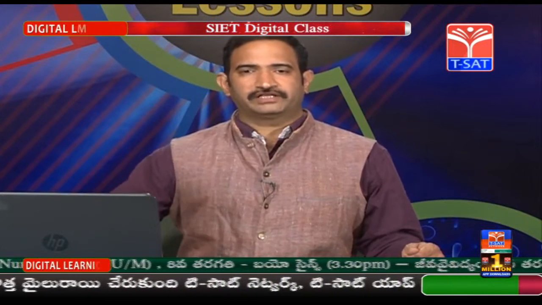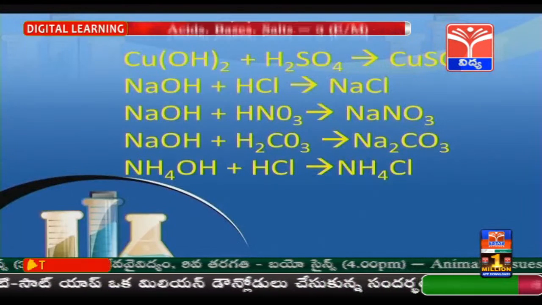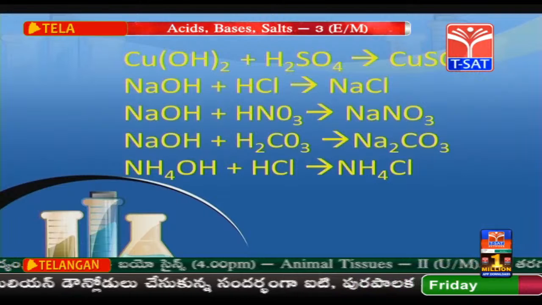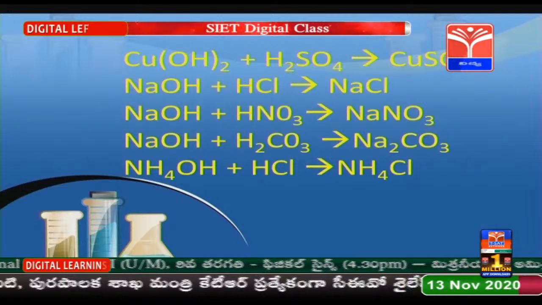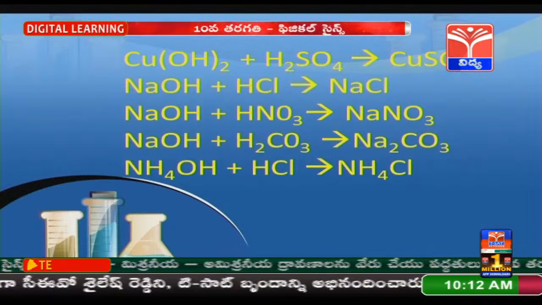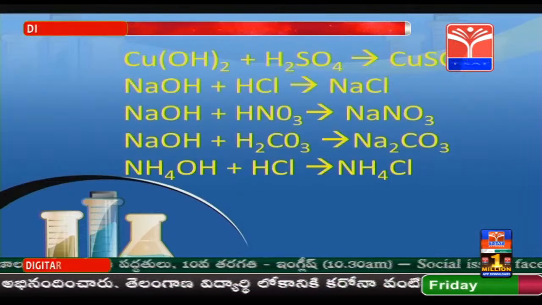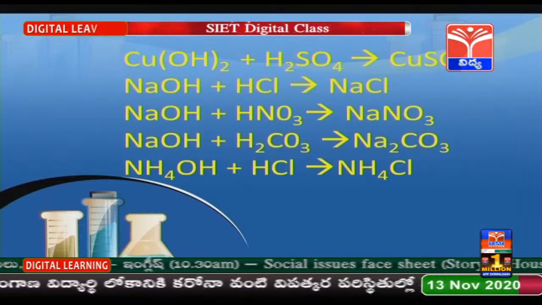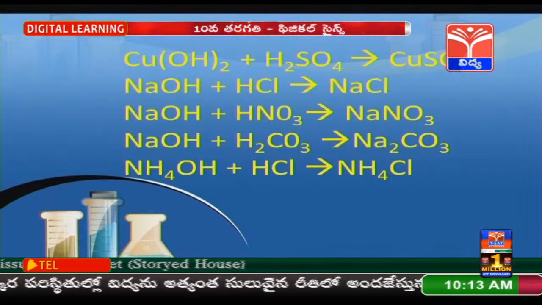Next, you check another slide. Now, copper sulphate, it is derived from H2SO4 and copper hydroxide. Now, next sodium chloride, we are changing the acid. NaOH is reacting with hydrochloric acid to form NaCl. Now, next we are changing another acid. NaOH is reacting with nitric acid to form sodium nitrate.